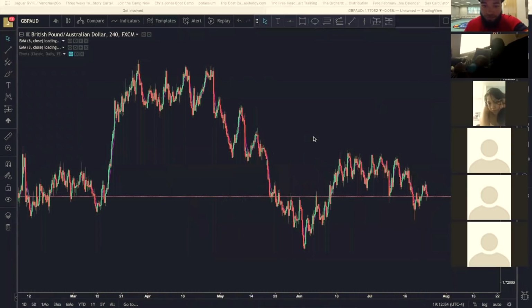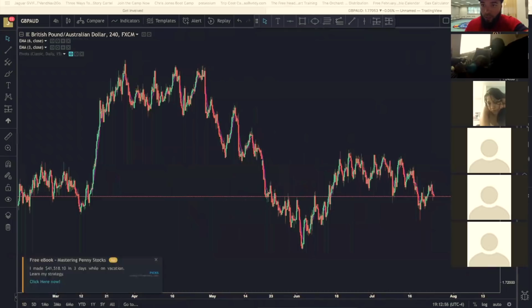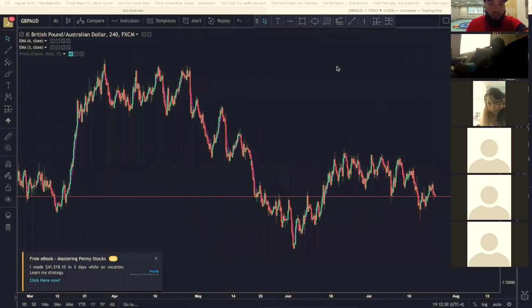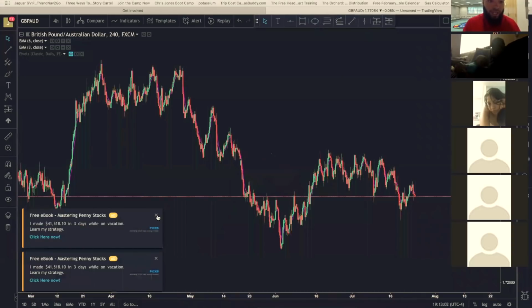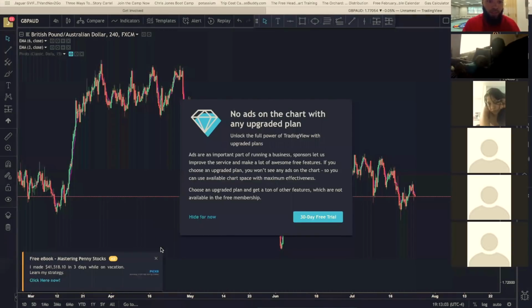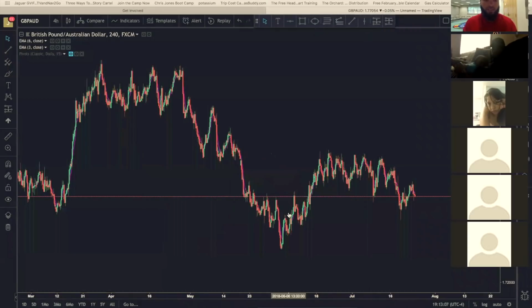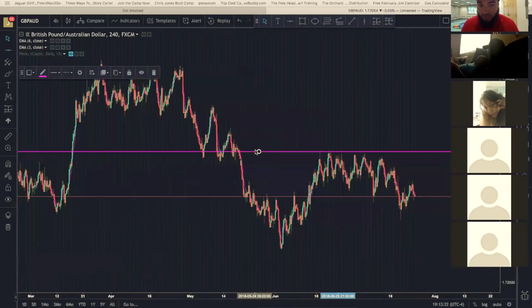All right, so real quick, we're gonna find these key levels of support. The first thing you want to do is go to the higher time frame to find your key levels, and then when you go to the lower time frames, these levels will be there for you, and you can wait till price hits that level. For an example, what I mean by level is just putting a line at this level, right?